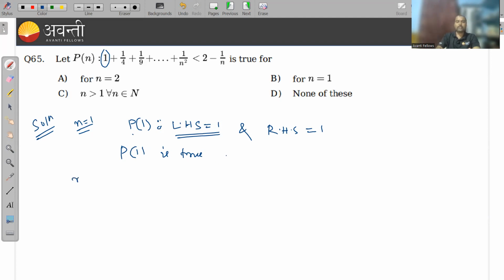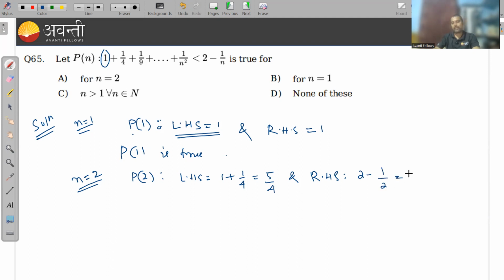Now if we check for n is equal to 2, in p of 2, the LHS becomes 1 plus 1 by 4, that is 5 upon 4, right? And the RHS becomes 2 minus 1 by 2, that is 3 by 2, which we can also write as 6 by 4. So here it is 5 by 4 and 6 by 4.